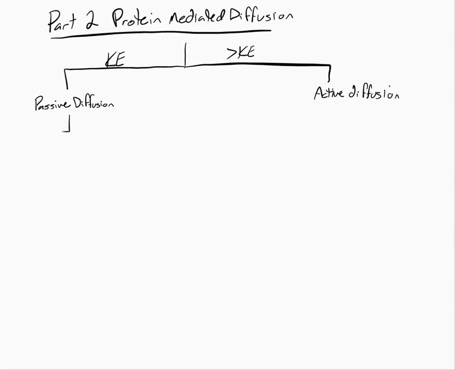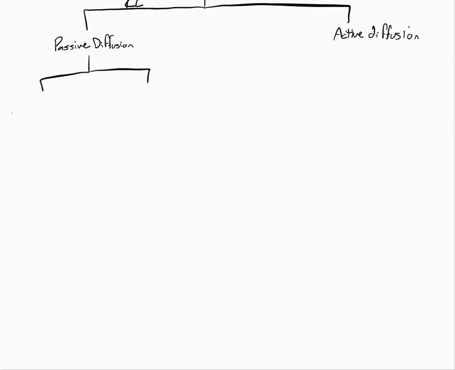And then branching off of passive diffusion, we have two types here. We're going to have simple diffusion and facilitated diffusion. The difference here is basically that simple diffusion occurs really just off of concentrations.